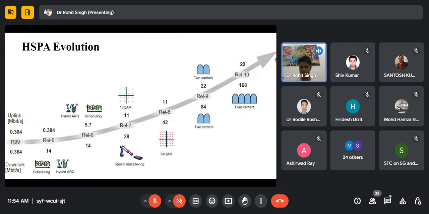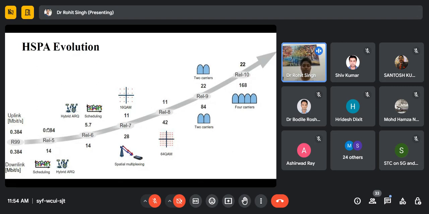Sorry, I forgot to mention here. This figure has not been built by me, and I will provide a reference for it. Roughly, the high-speed packet access in the uplink and downlink directions is summarized here. Look at this diagram. Now, from 16 QAM we have increased up to 64 QAM.